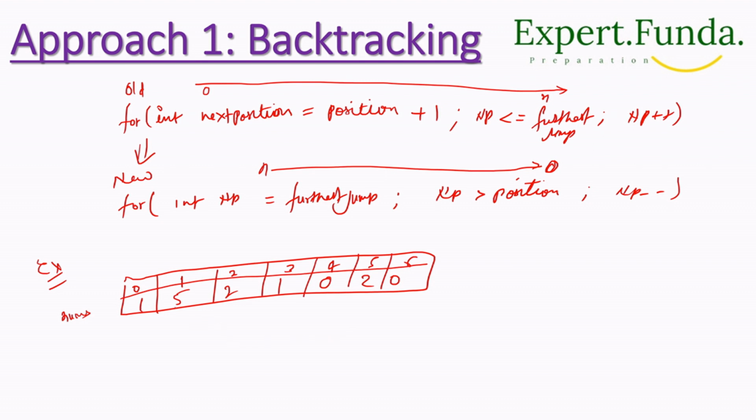If we start from index 0, we reach index 1. Then we jump as far as possible from 1 and reach index 6. By doing so, we determine that 0 is a good index.